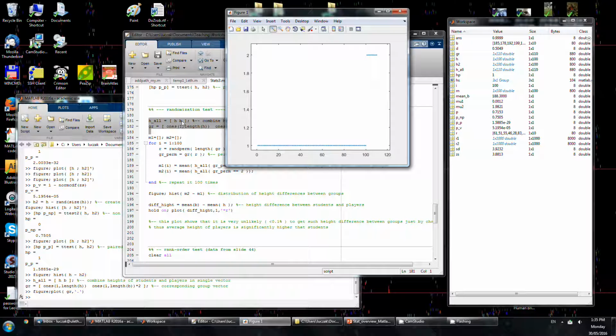First I put in 100 people of the general population and at the end I attached 10 basketball players. So these are the true groups of those people.